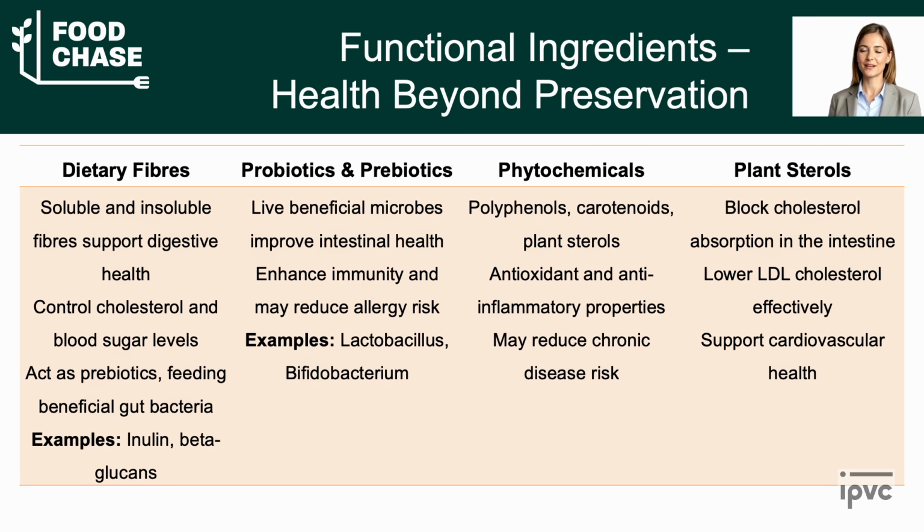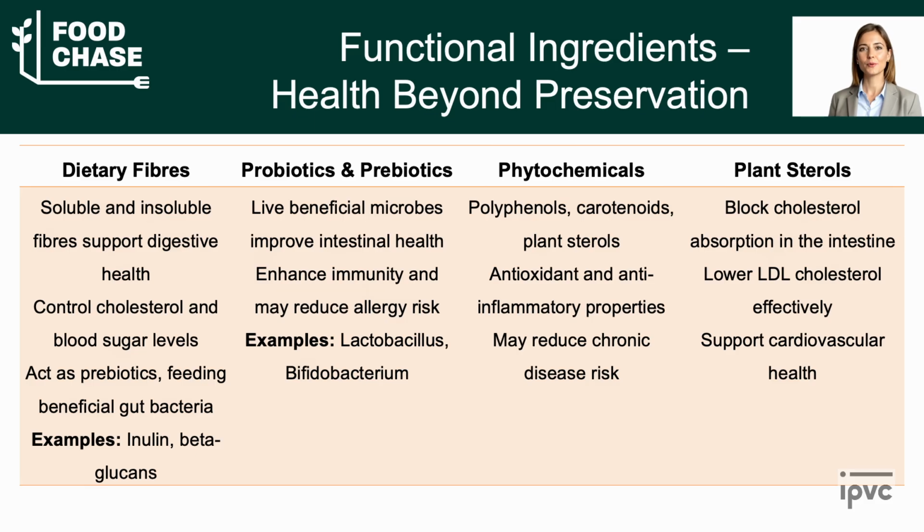Probiotics take this further. They introduce live beneficial microbes directly. When properly protected during processing and storage, probiotics can significantly enhance digestive health and immunity. Phytochemicals, compounds naturally present in plants, have powerful antioxidant and anti-inflammatory properties.